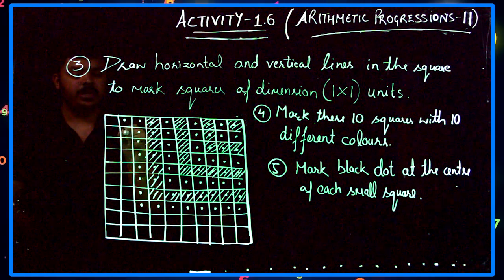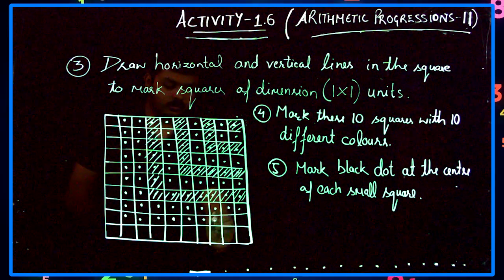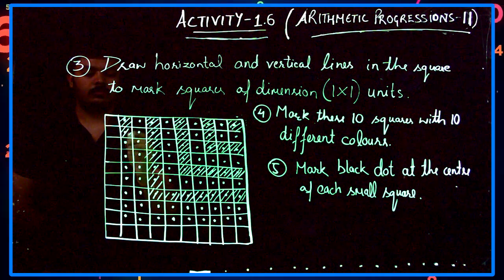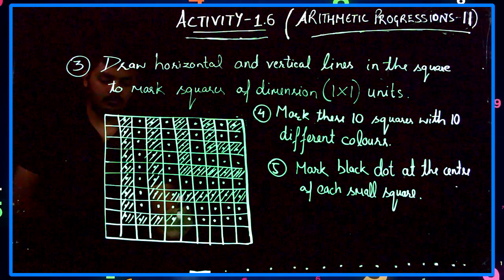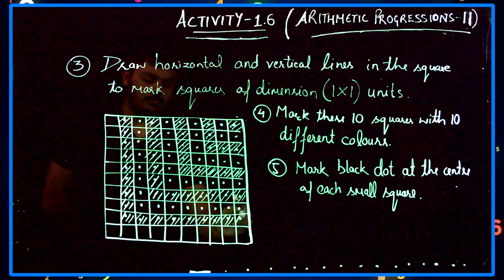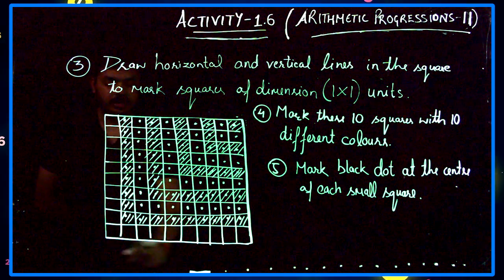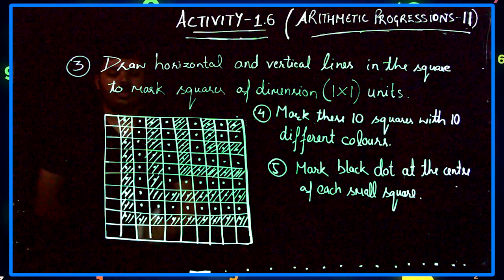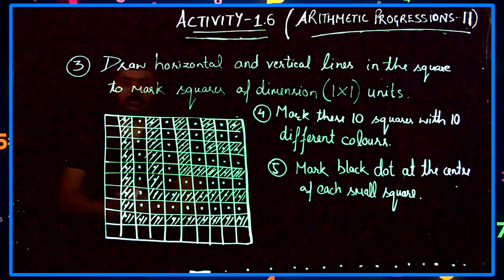Next square is 9 by 9. This is the 9th square, and finally the 10th square, that is complete, 10 by 10. In this way we have marked the 10 squares by different colors.